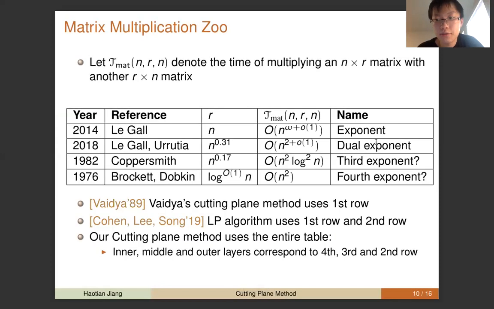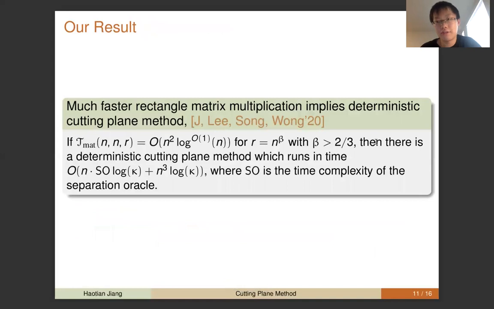And so using this connection with matrix multiplication, we can show that if one can get a better matrix multiplication result, then we can get a deterministic cutting plane method. So roughly, if one can multiply an n by n to the 2/3 matrix times an n to the 2/3 by m matrix in n squared poly log n time, then there is a deterministic cutting plane method which makes n runs in the same time.